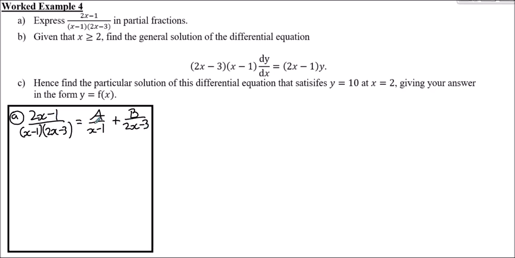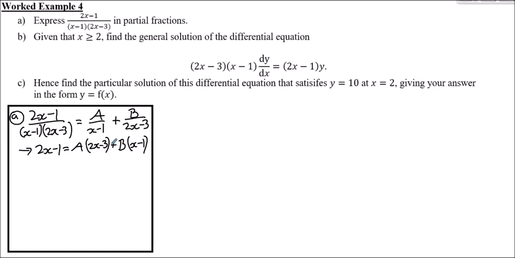If we now multiply both sides by x minus 1 and 2x minus 3, we get that 2x minus 1 must equal A brackets 2x minus 3, because multiplying the fraction by the denominator, the x minus 1 cancels, leaving us with the 2x minus 3. In the same way for the B term, I get B lots of x minus 1. I can now substitute in different values of x to evaluate each of these constants A and B.